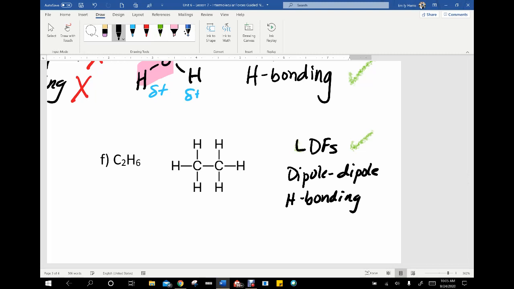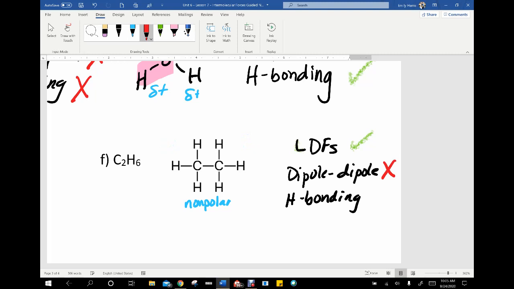Now, hydrogen and carbon have very similar electronegativities. And when they're also arranged in a tetrahedral shape, this is going to result in a non-polar molecule overall. There's no negative side and positive side, but charge is distributed evenly. So if they're non-polar, there's no dipole-dipole forces.